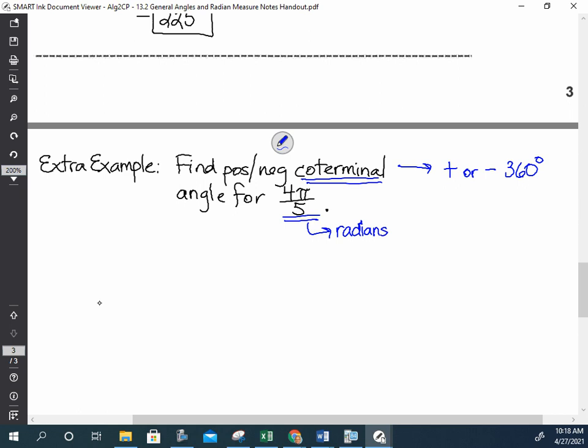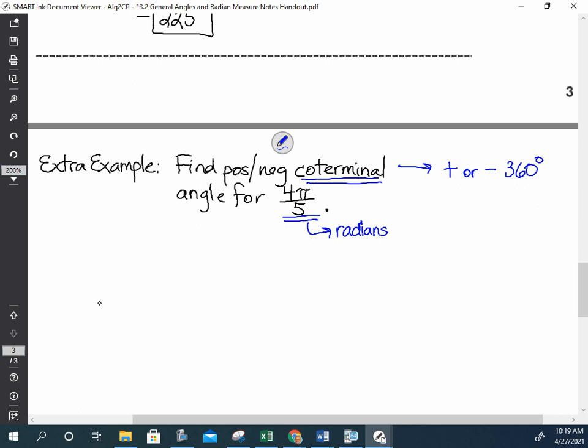We can't add a radian to a degree, or a degree to a radian. They either both have to be degrees or both have to be radians. You can't mix and match. So this is how we go about solving the problem.